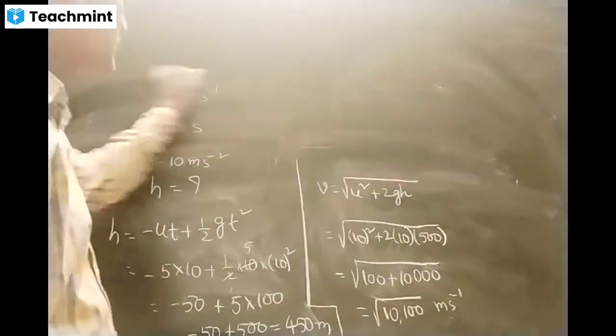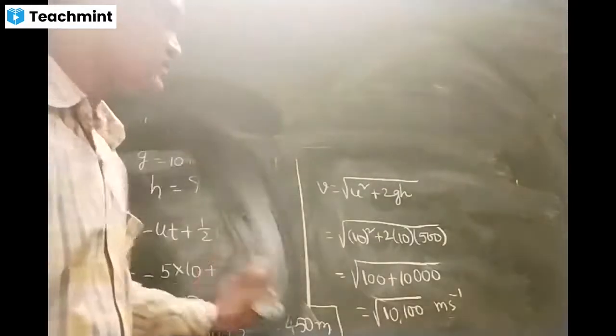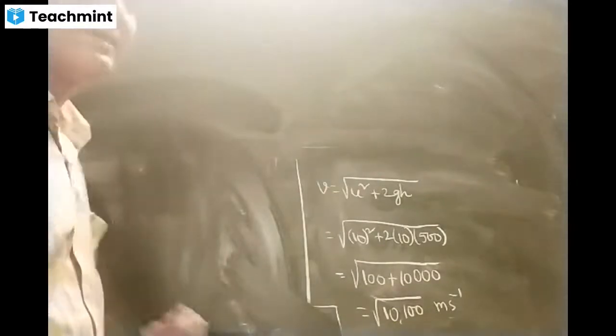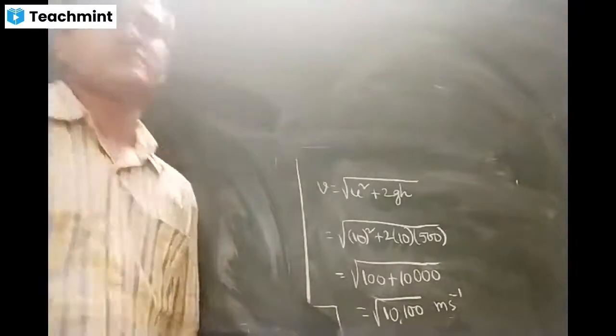What is the value of 10,000 under root? 100. So nearly 100 meters per second you get.